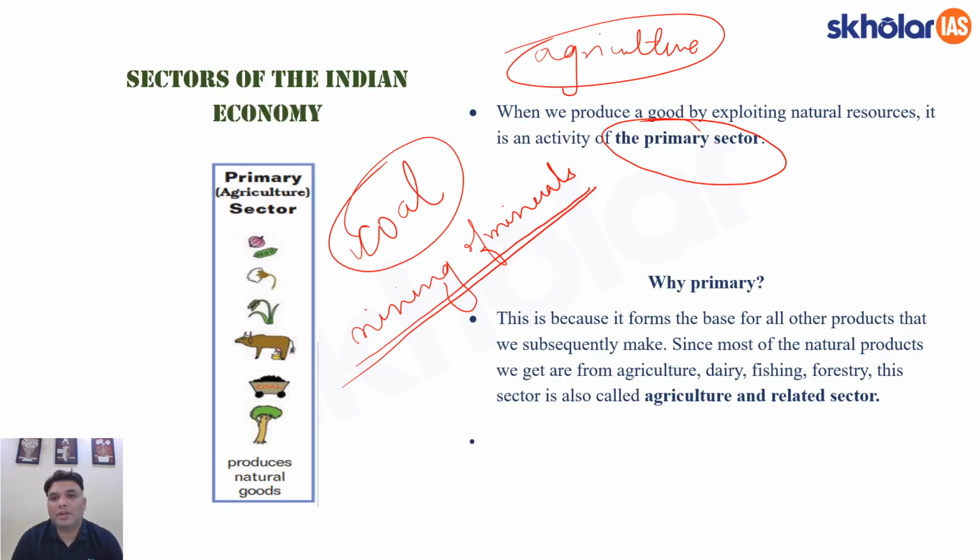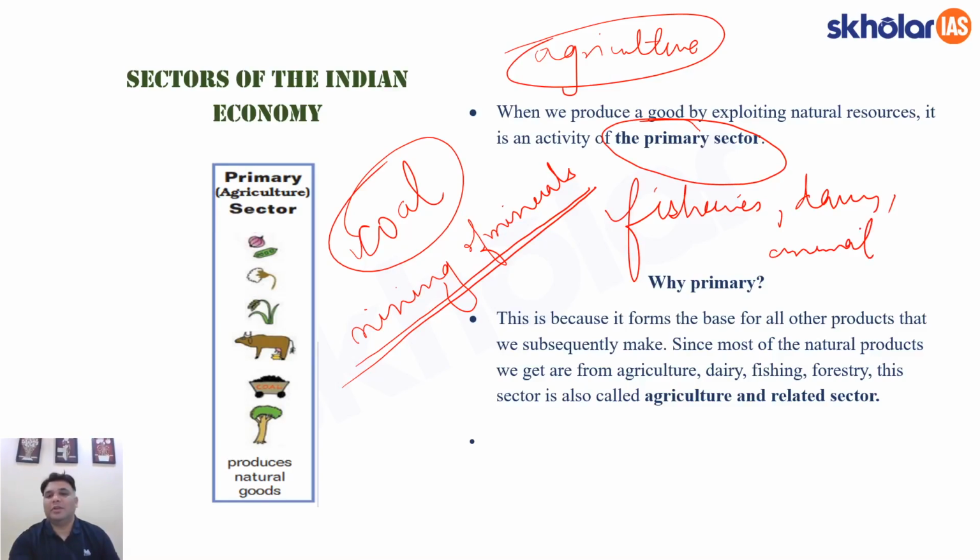Why are they classified in the primary sector? It is essentially because here you are using natural goods, right? You are exploiting your natural resources which are available freely and naturally. Even fisheries or fishing or dairy or animal husbandry, these are also activities which can be categorized under the primary sector, right?